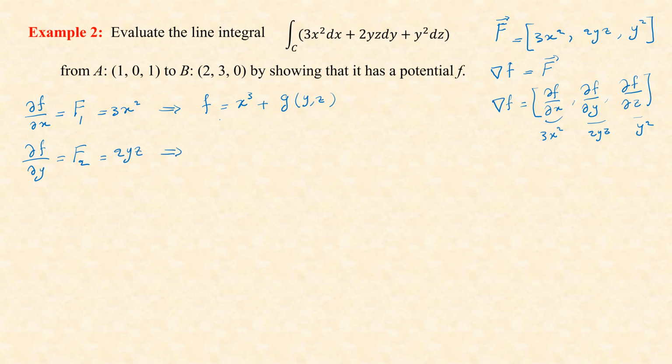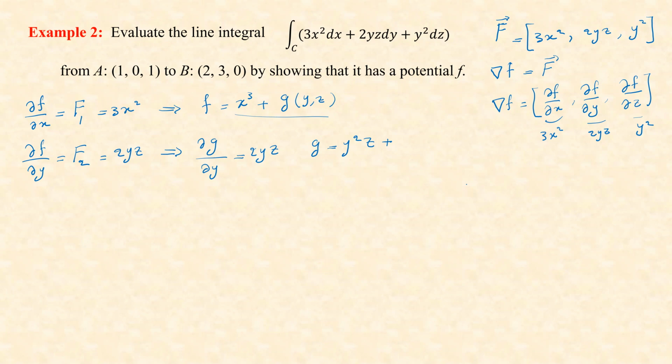Therefore, we take derivative with respect to y of what we have. So we get derivative of g with respect to y should be equal to 2yz. And then we find g. So g becomes y squared z plus a constant.